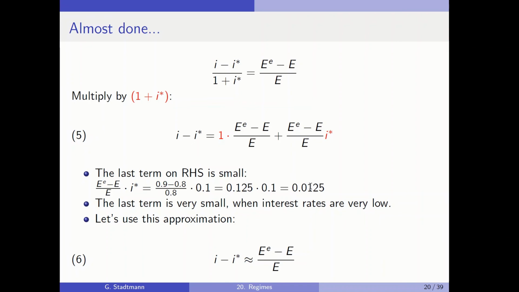The last term will be relatively small in case that the interest rates are relatively low. Therefore, we are allowed to use this approximation. So we use the approximation that the last term is very small, and it is so small that we are allowed to neglect it, and therefore we work with this approximation here.